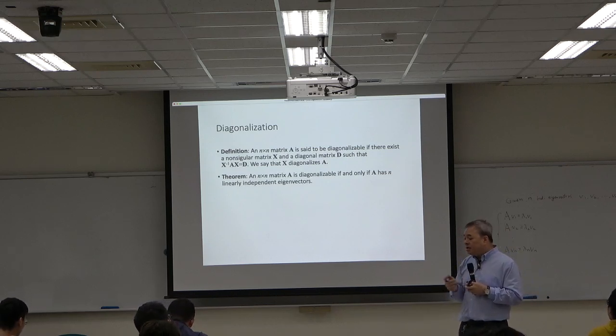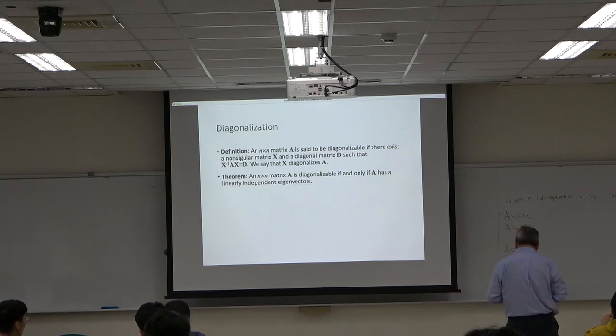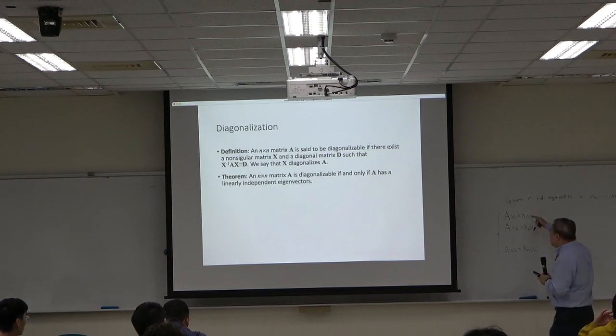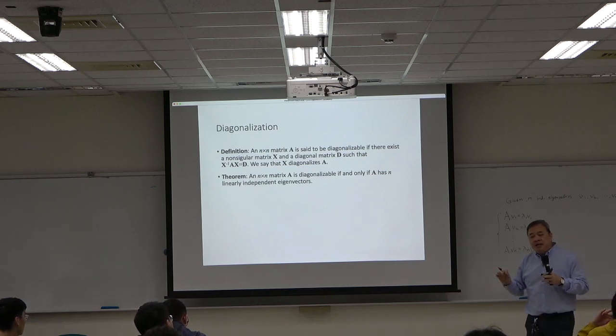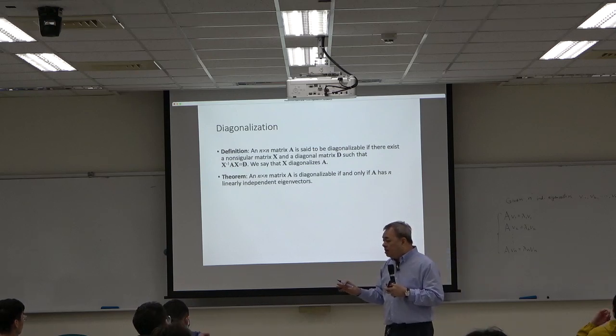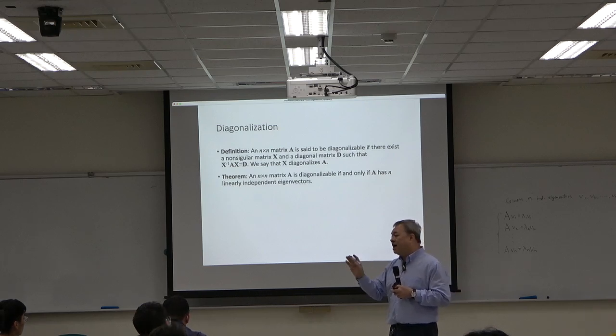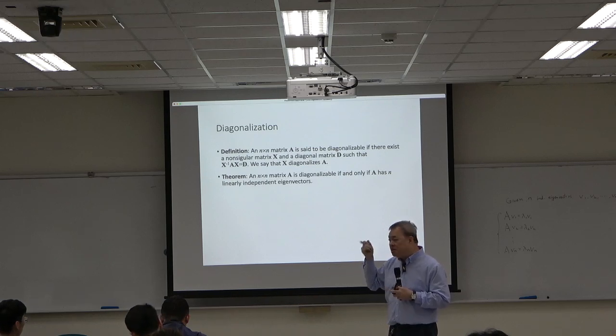Then think about this. By the way, some of these lambda i may be the same. We know that for different eigenvalues, their corresponding eigenvectors are independent. We proved that previously already.